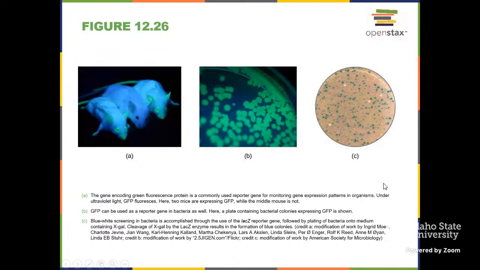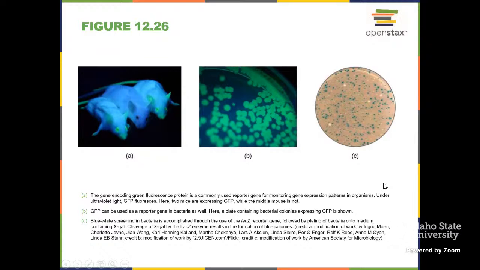If it's glowing, it worked, right? So kind of a bit spooky. I feel like this should maybe be Halloween as we're talking about this lecture, with the little mice glowing in the dark. Their eyes, their nose, their tails are glowing. Two glow, and the middle one is just a normal white mouse. It didn't get transfected. So getting that gene in there.